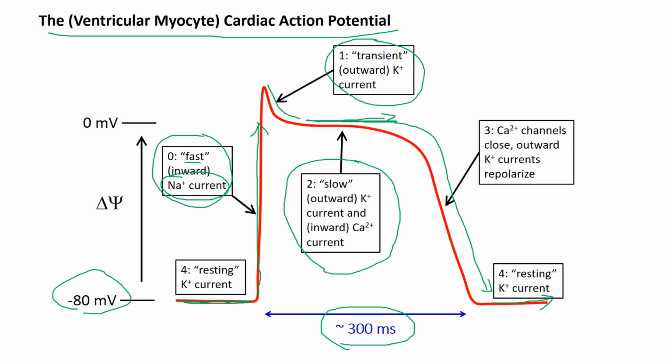One is the calcium current into the cell, and there's a slow potassium current out. So for a while, these two currents are roughly in balance, and that's why things stay flat. But eventually, those calcium channels close, and the outward potassium current starts to win out. And if the only current that's happening is potassium, then that's going to tend to move things back toward their equilibrium potential, back here, back to the resting state.